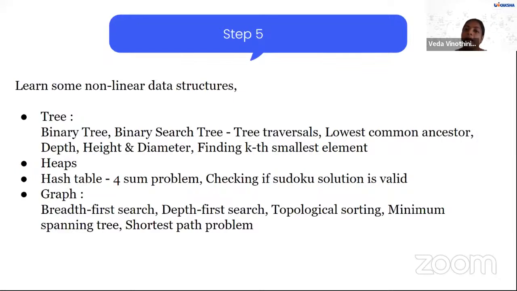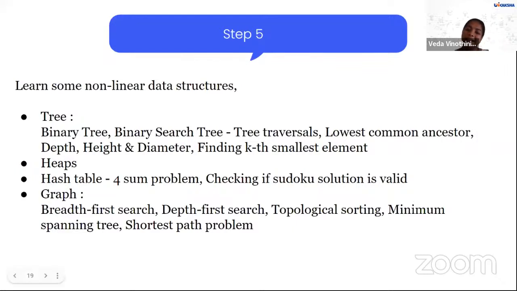So A star, Dijkstra's algorithm. Where is this shortest path problem applicable? When you are identifying the distance between a source and destination. For example, it may be Google Maps or any delivery application. They will be incorporating this shortest path problem to identify the solution. Okay, so these are things you want to understand.